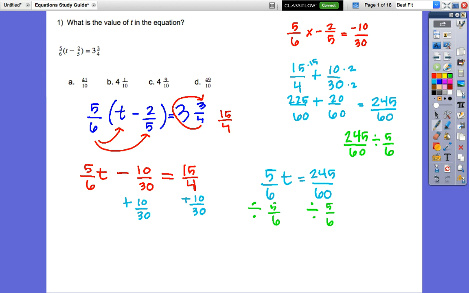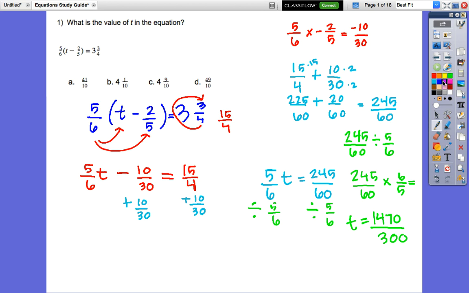Now I know that when I'm dividing fractions, I keep, change, flip. And now I solve. 245 times 6 gives me 1,470. 60 times 5 gives me 300. So I get that t equals this large number.